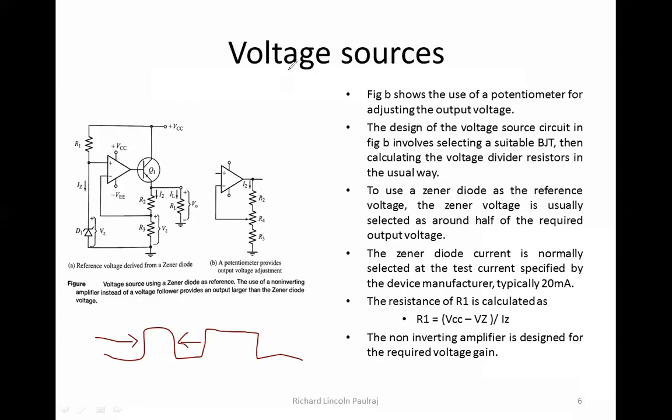If you compare the next one, the width of this pulse is higher, which means I am giving an extra voltage, and the width of this pulse has increased. You will be learning exclusively about these concepts in your communication subjects.